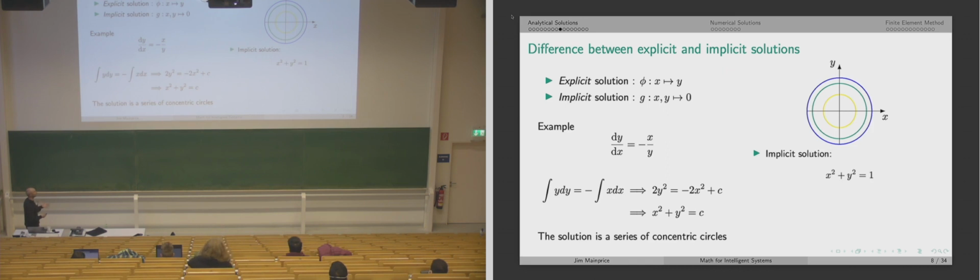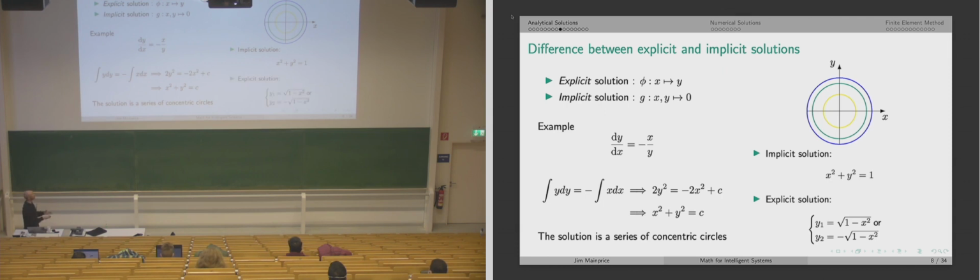An implicit solution would be that we have x squared plus y squared is equal to 1. That would be an implicit solution because on the left side it takes in the dependent and independent variable and maps it to a constant. So we could take the 1 and do minus 1 is equal to 0.